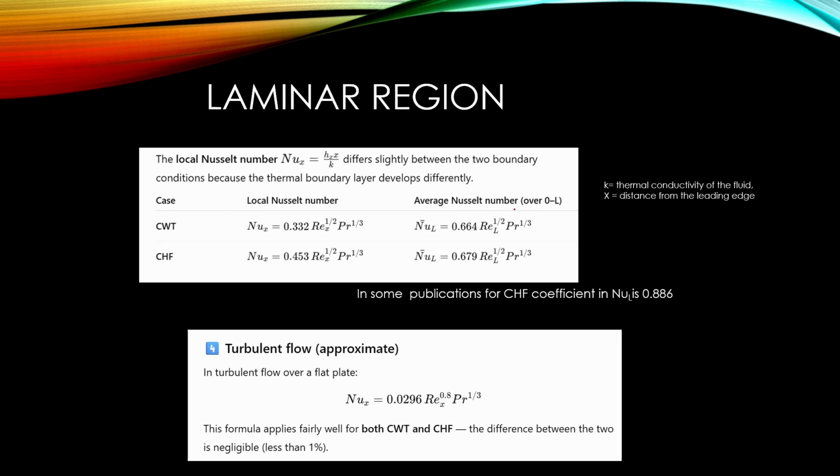Here we have average Nusselt numbers calculated over the length of the plate. If we have a turbulent flow, then the difference between the constant wall temperature case and the constant heat flux case is very, very small, and we can use the same function for the Nusselt number for both cases.